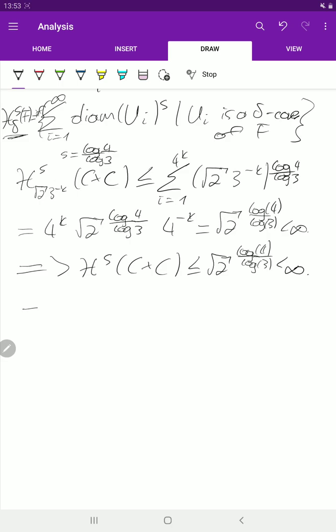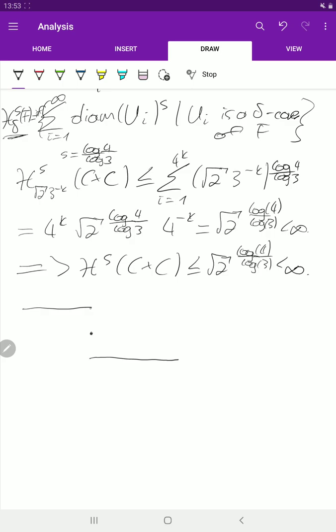Now let's have a look at the Hausdorff dimension. We have some part where the Hausdorff measure is infinite, then somewhere it can be finite, could also still be infinite, or could be 0, and then afterwards it's 0.